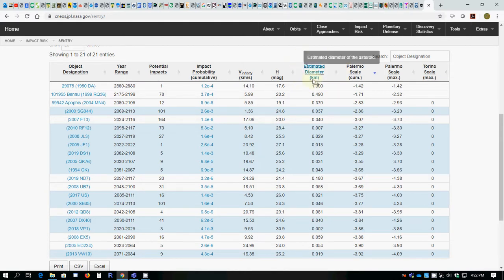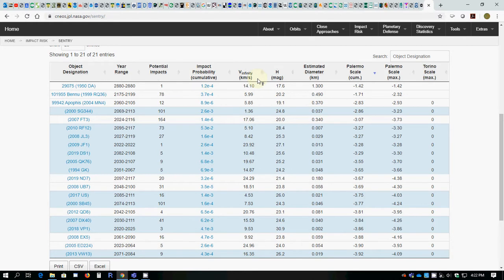Damage, energy, directly related to the size of the object. So Palermo scale is a risk scale or a danger scale because it does take into account the damage possible and the chances that it will actually happen.